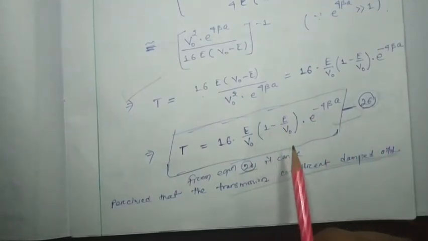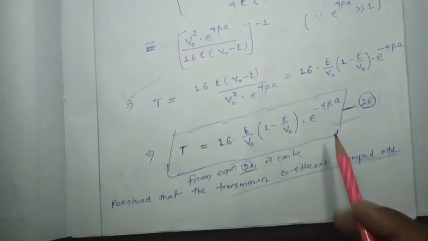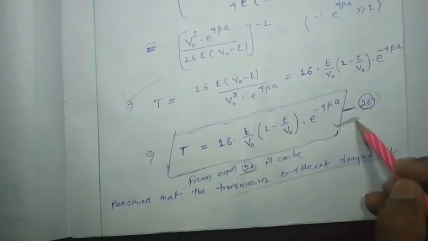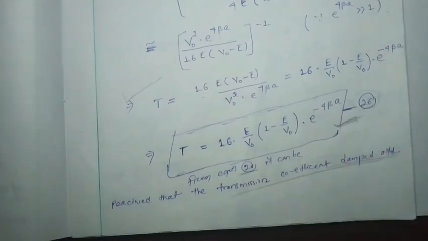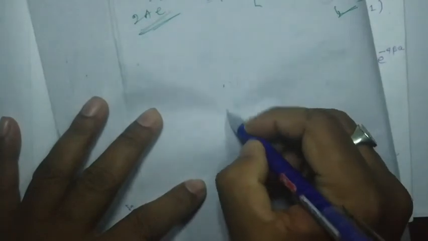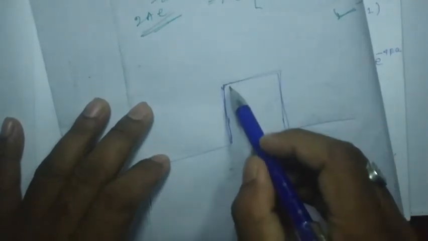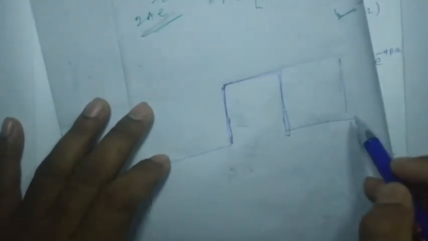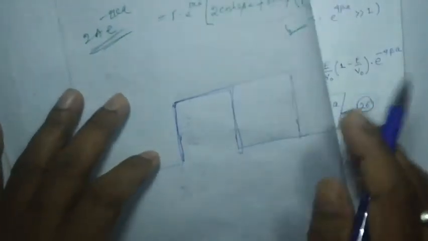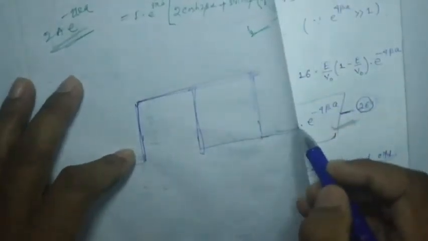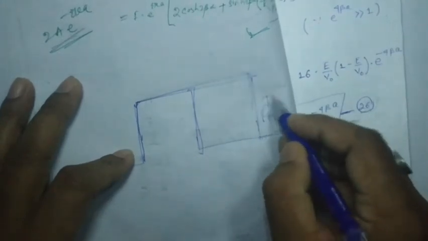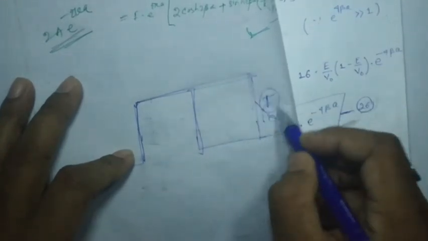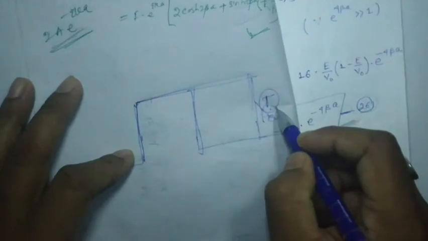Okay, so in this case what we found is that if this is the width, and this width is increased, then the transmission coefficient is going to continuously decrease.